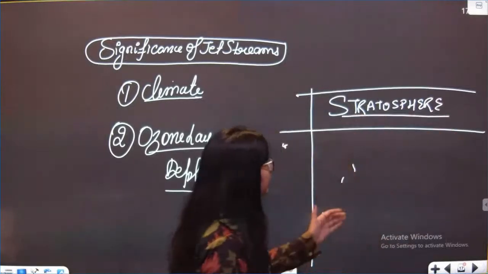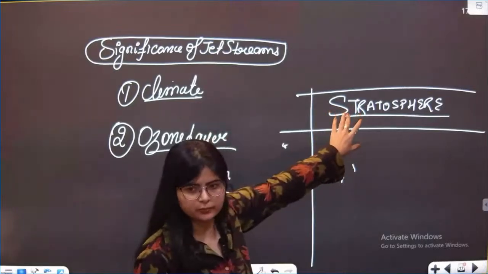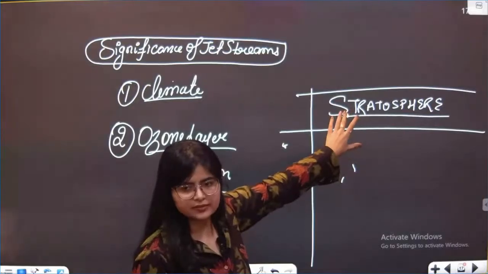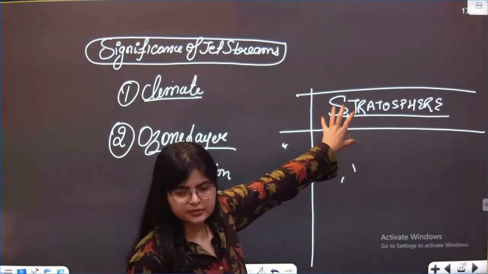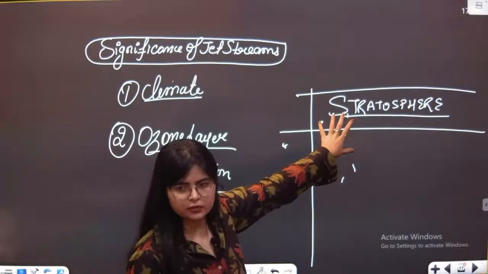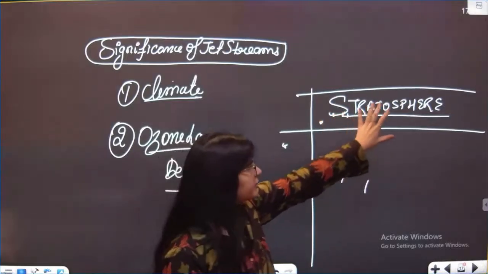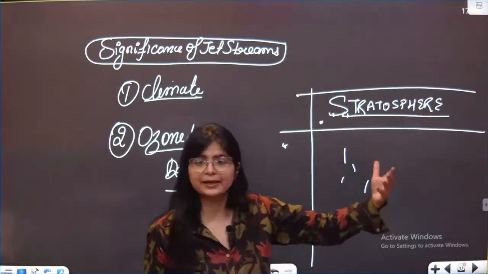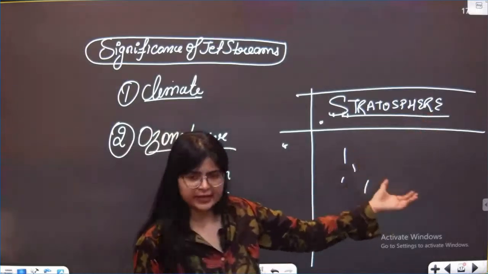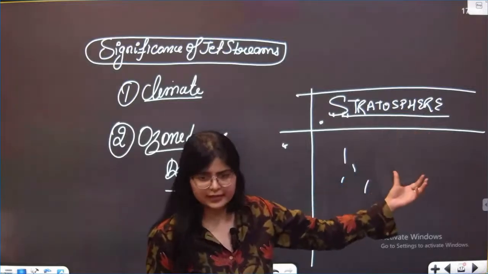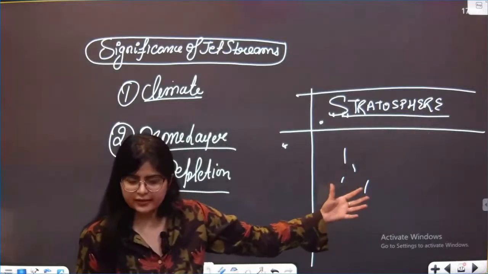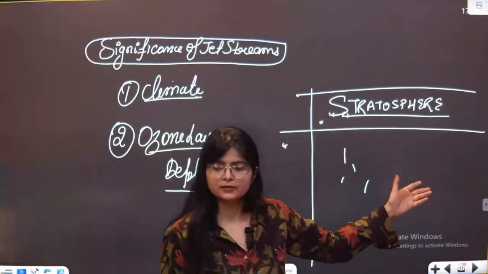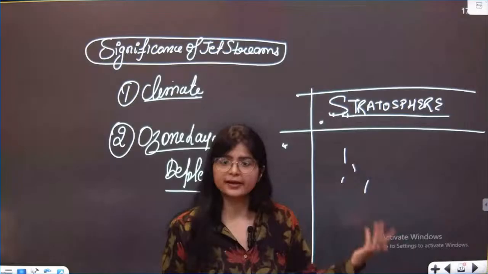So what is going upwards that it is impacting ozone? What is going upwards with air masses? What is going upwards? What is going up here? If jet streams are going upwards, what are they carrying? Air masses. Air is being carried from where? From the troposphere, right? What is in that? Harmful substances. What kind of harmful substances?